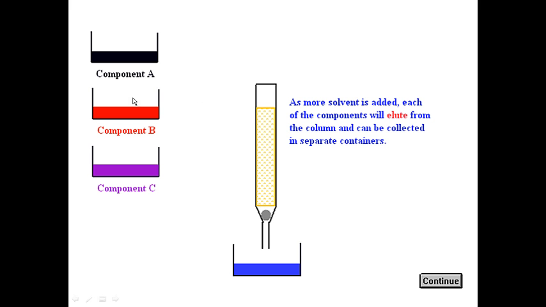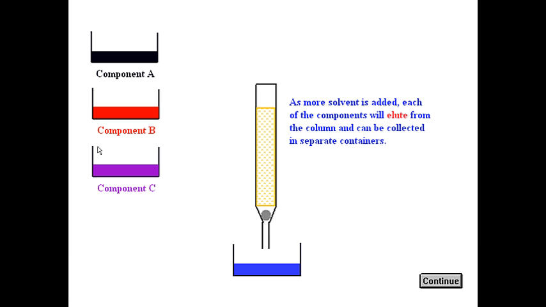We use disposable test tubes in this lab, so we'll have little disposable test tubes that contain pure component B or pure component C. So that's how we would work with the column chromatography experiment.